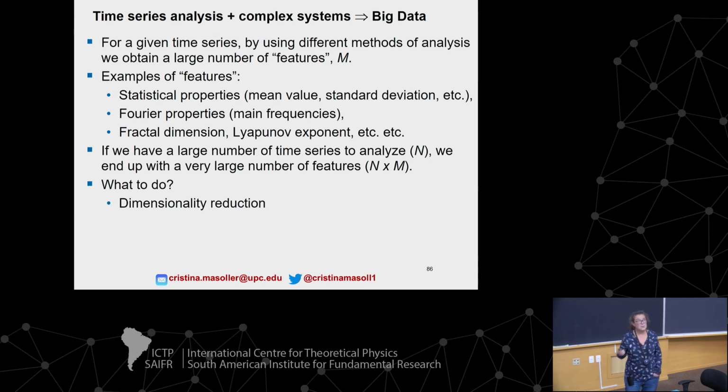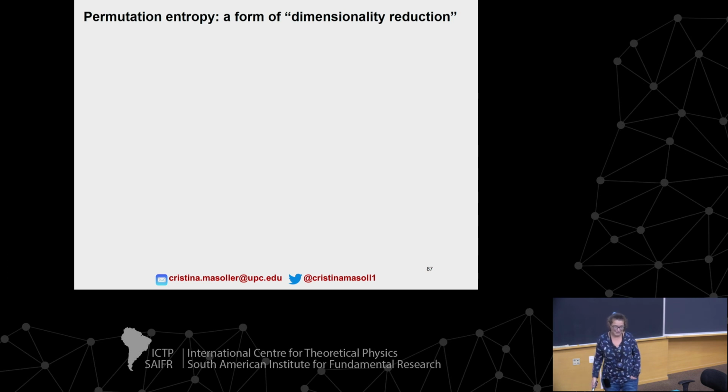One thing to do, maybe some of you heard, is dimensionality reduction. With all this, you compress, you obtain some way of compressing the data. Otherwise, you just give all these features to a machine learning algorithm and see what you get. Those are basically the two possibilities that I can see.